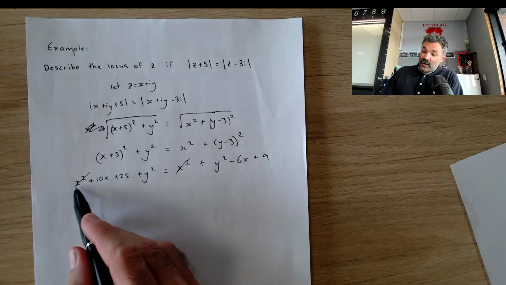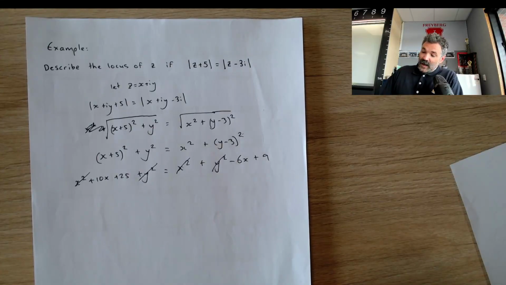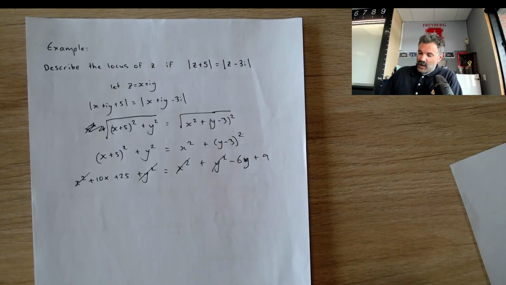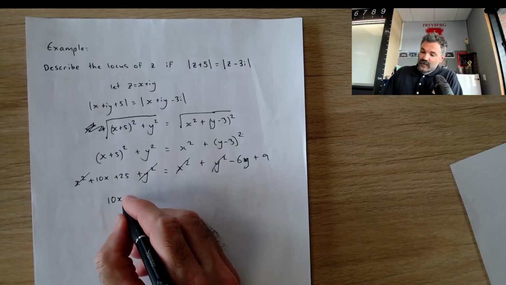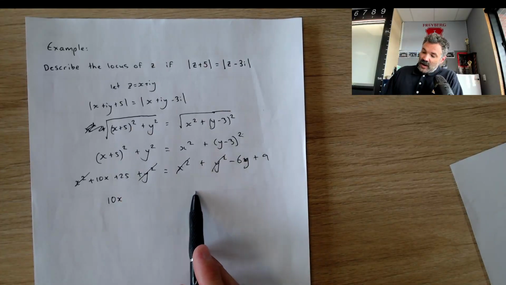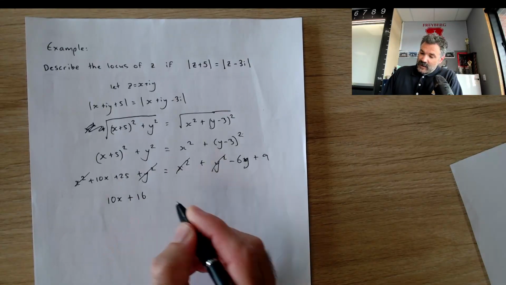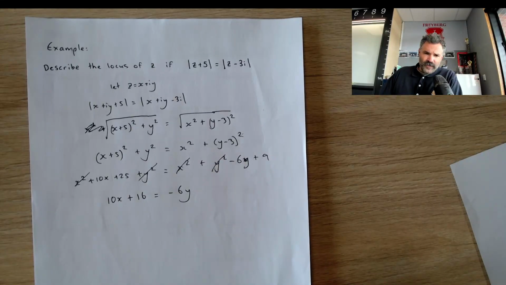Move this y squared over, it's going to cancel with that one. And I'm going to end up with, sorry, that was a y term here. I was wondering where the heck my y term went. It's going to end up as 10x. I'm going to minus this 9 over to this side. So this becomes plus 16 is equal to negative 6y.